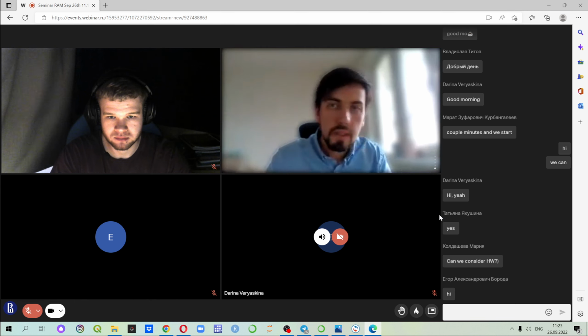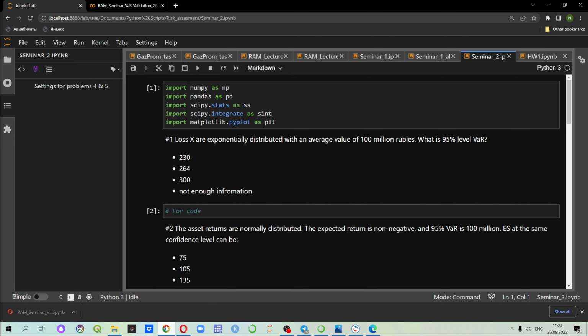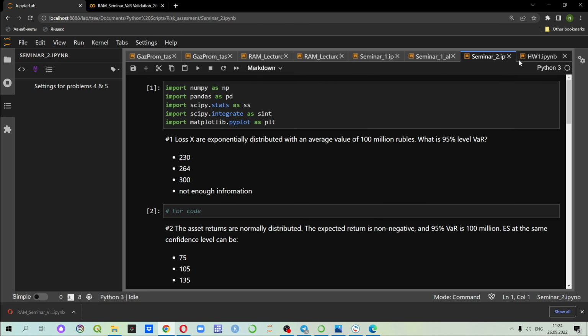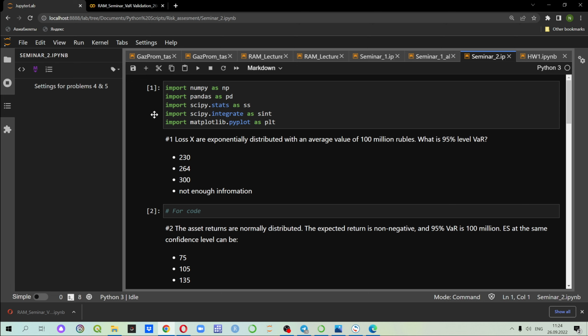In the chat, you can see the link to the Colab template. It's empty right now. It contains only settings for all the problems from the homework, and I'm going to use it to rebuild the solutions.